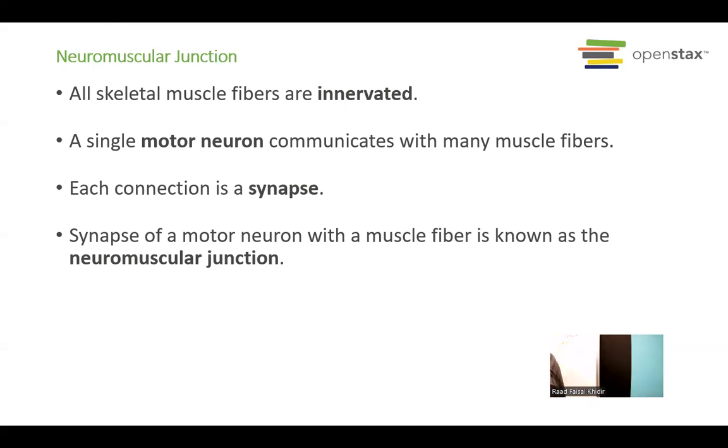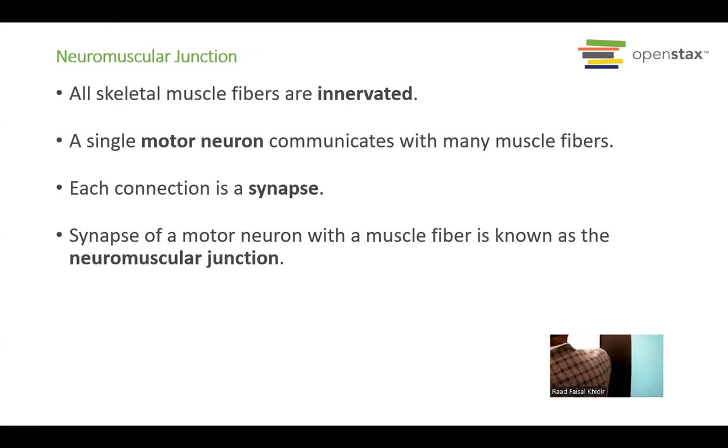So we begin with the neuron, and the neuron will propagate the action potential to the nerve terminals, and that is going to release acetylcholine, and acetylcholine is going to bind.